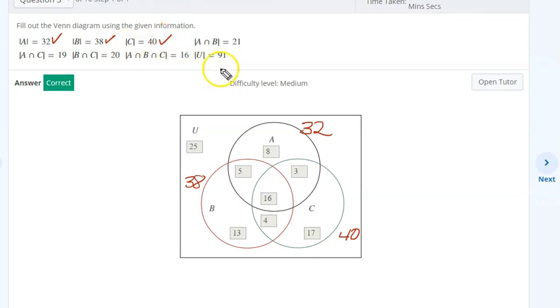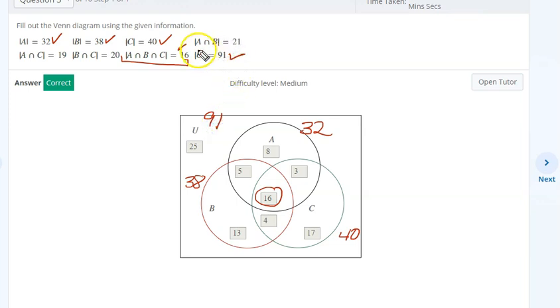Now, the next one we want is the intersection of all three, and that is 16, which we're going to put right there. Now, we know the universe was 91. We can put that as a reference.